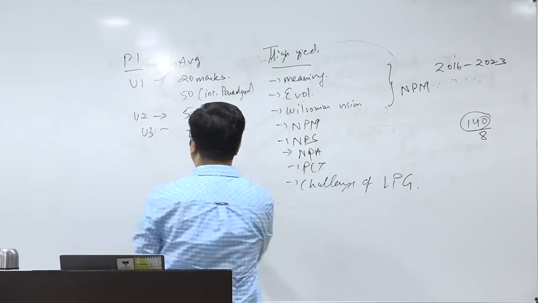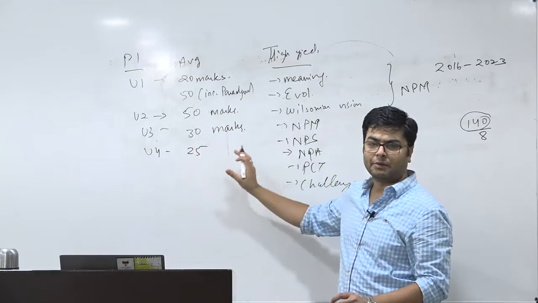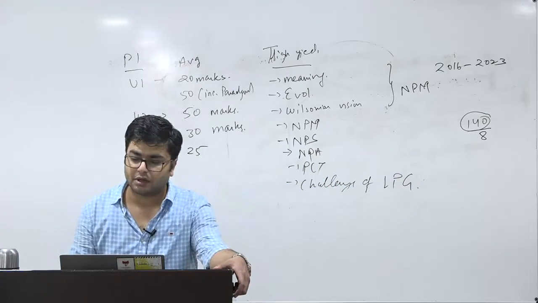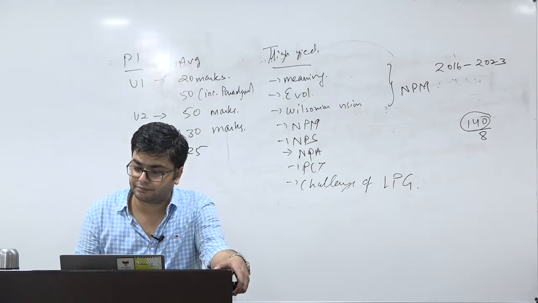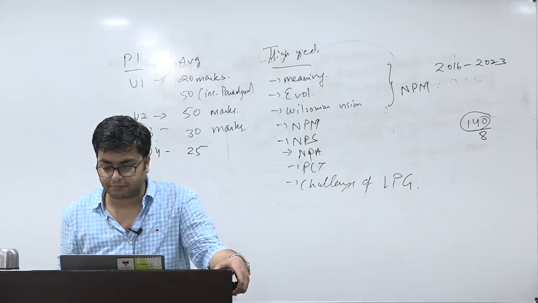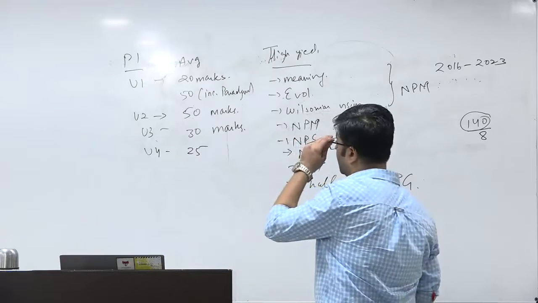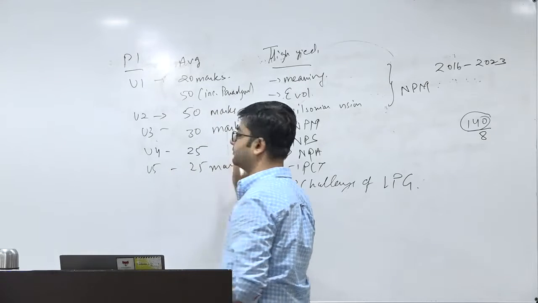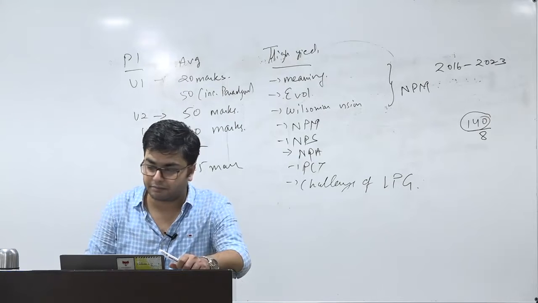Roughly it is 25 marks. I hope you understand that I am giving the approximate round figures as estimate. Okay. After organizations, which unit comes? Accountability and control. Again, 25 marks. Then comes administrative law.